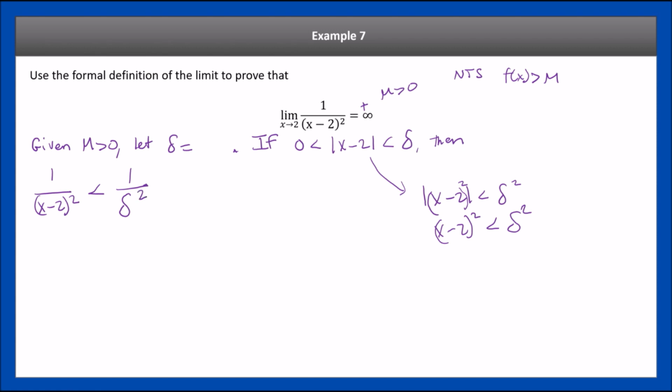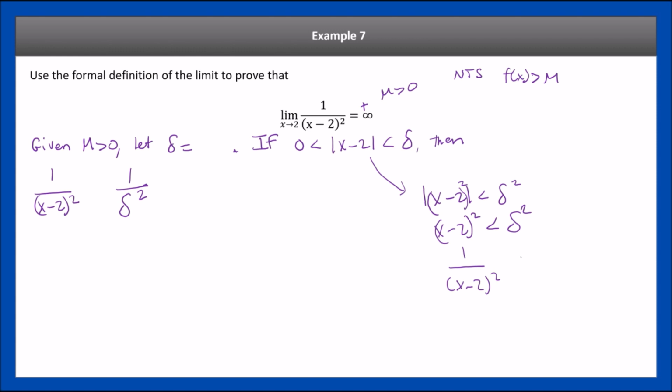I forgot to reciprocate. I went straight for the proof instead of doing the reciprocal.